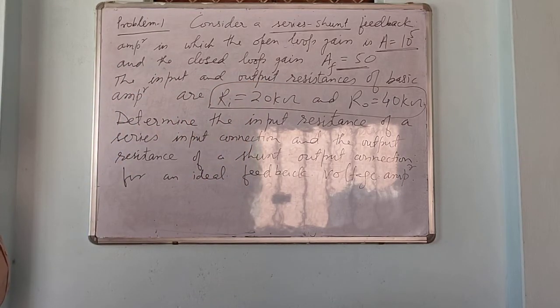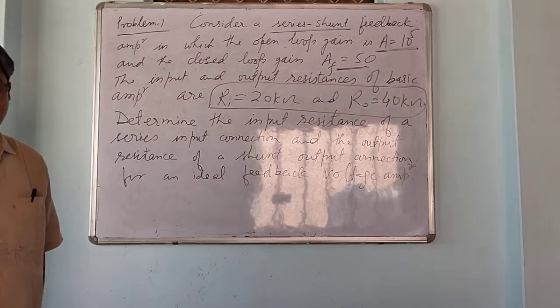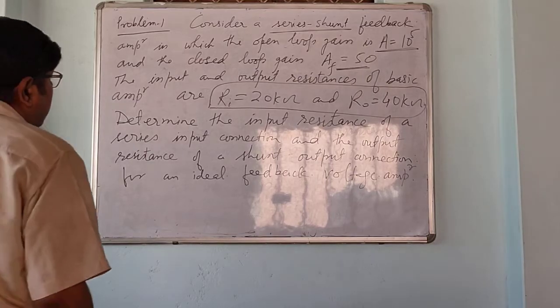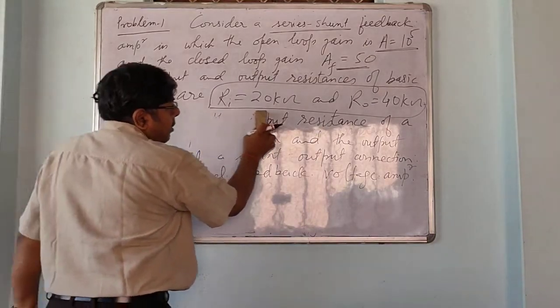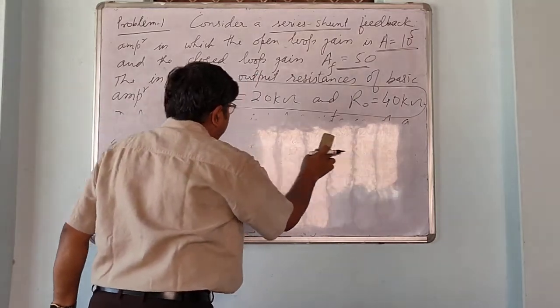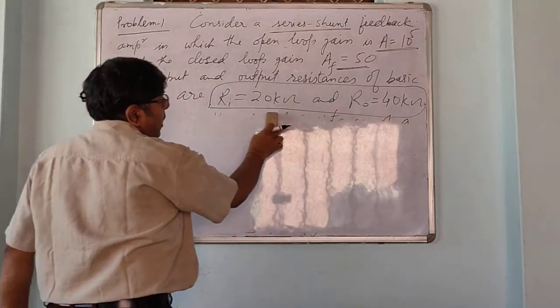You have to determine input resistance and output resistance when we are using feedback. So what is the method? How can we determine input and output resistances when feedback is used?